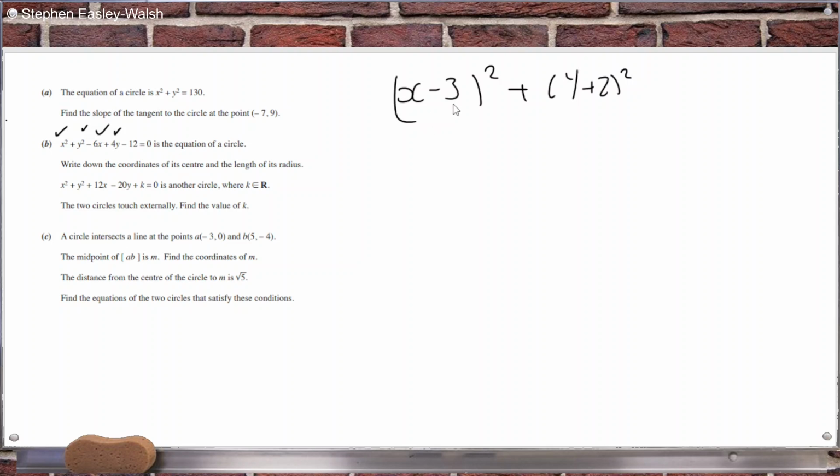That's a 9, and that's a 4, that's a 13, but I need a minus 12, so I need a minus 25, isn't it? So that would be 5 squared. So the center is (3, minus 2), and the radius is 5. Yeah, I think that's fine.